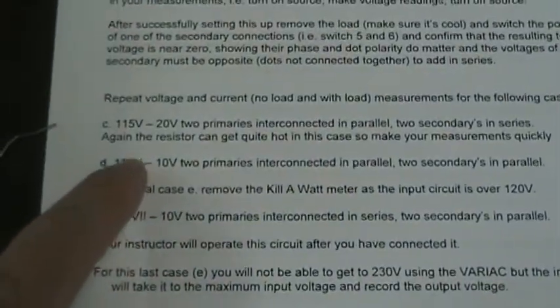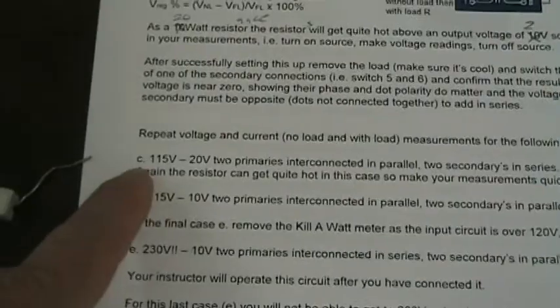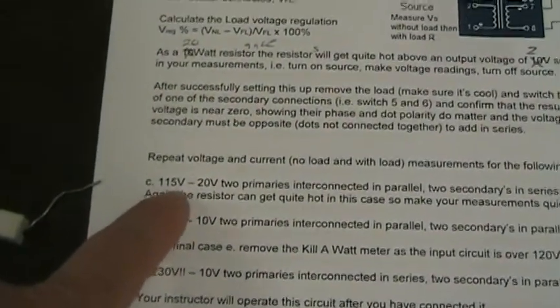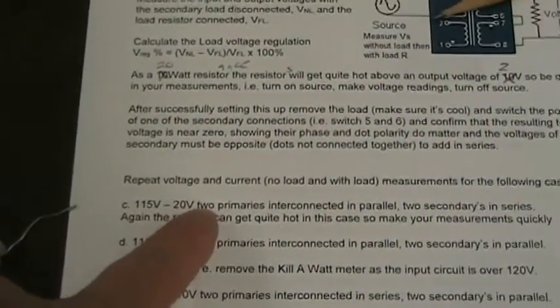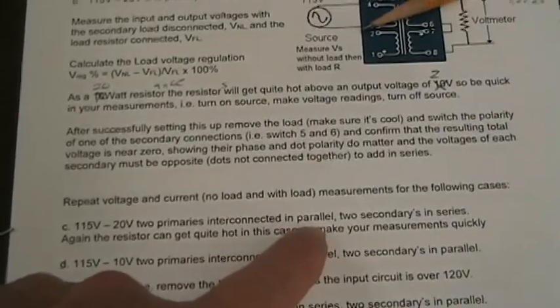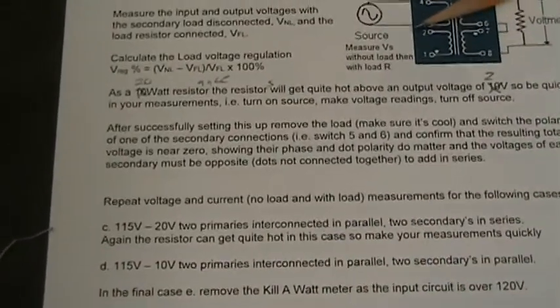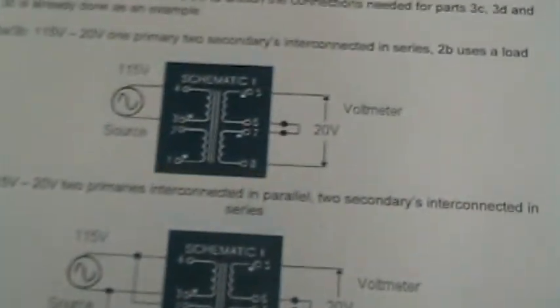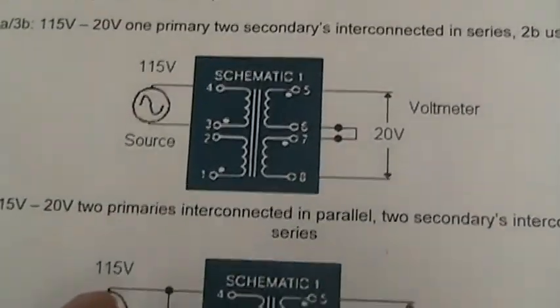The next test is 3C, 115 volts to 20 volts, 2 primaries interconnected in parallel, 2 secondaries in series. So if you take a look at the back final sheet of the document, you can see how you connect circuits in parallel.